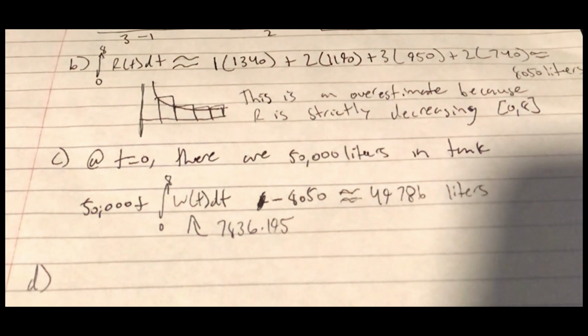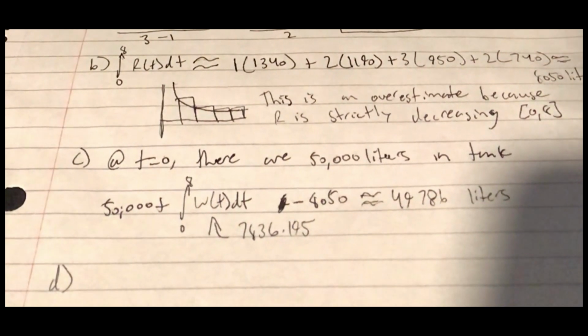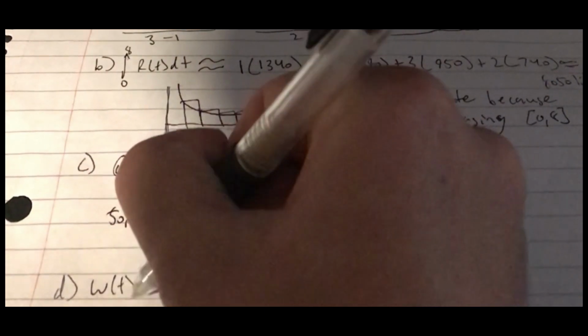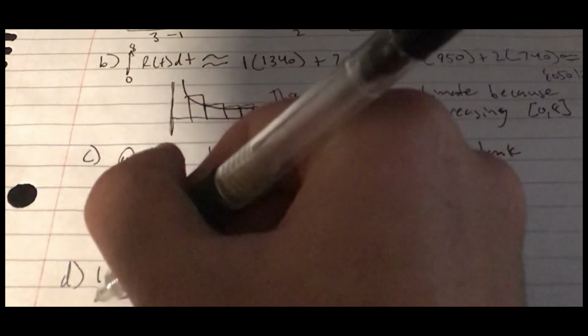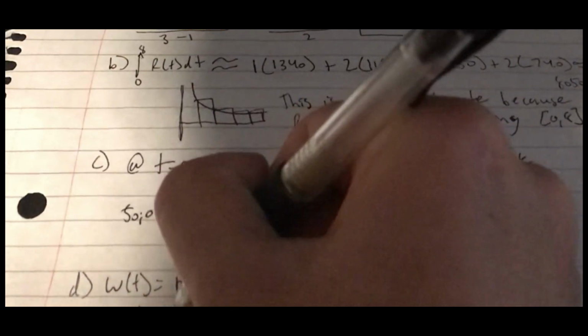So we're basically asking if W of t is equal to R of t. And so we're essentially asking if W of t minus R of t is equal to 0 at any point.